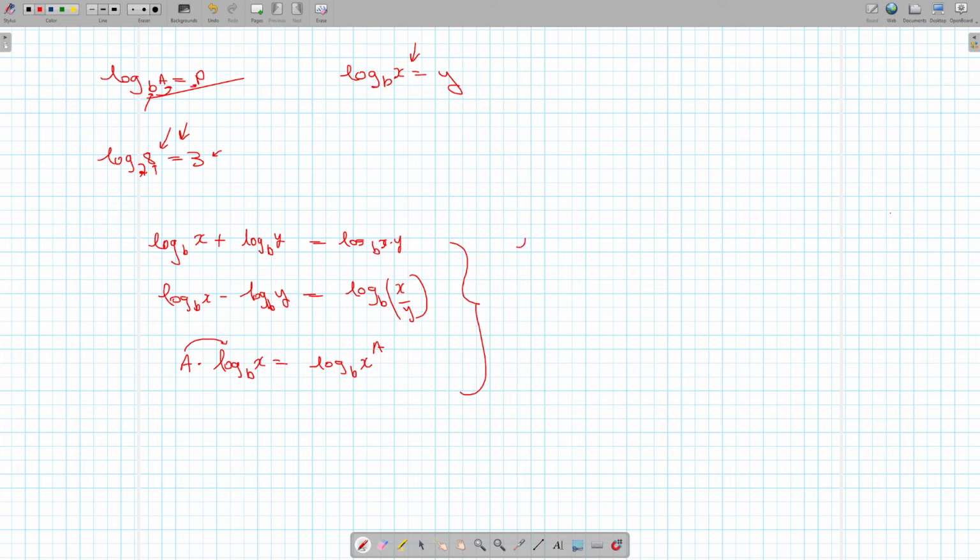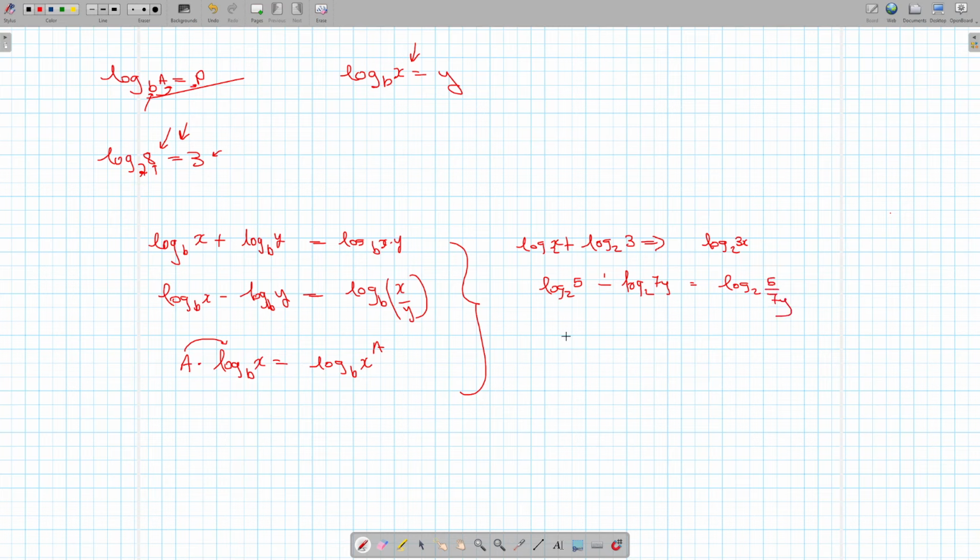Let me just give you a quick example. Log base 2 of x plus log base 2 of 3 is the same as log base 2 of 3x. And log base 2 of 5 minus log base 2 of 7y is the same as log base 2 of 5 over 7y.